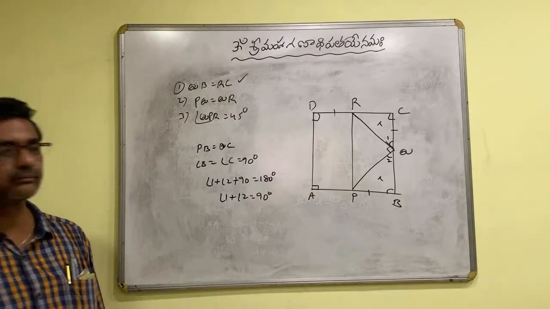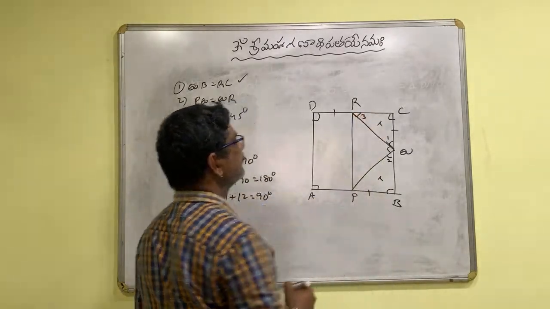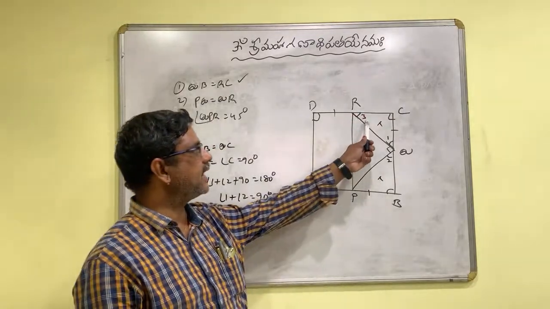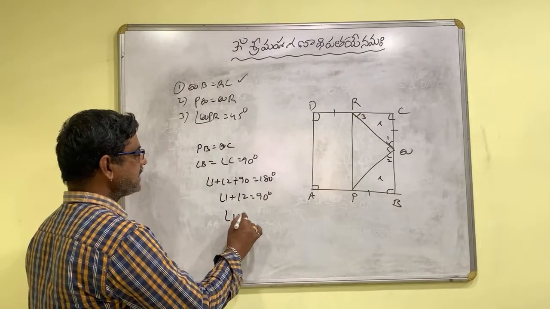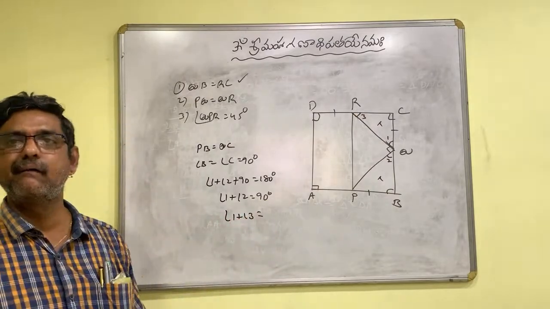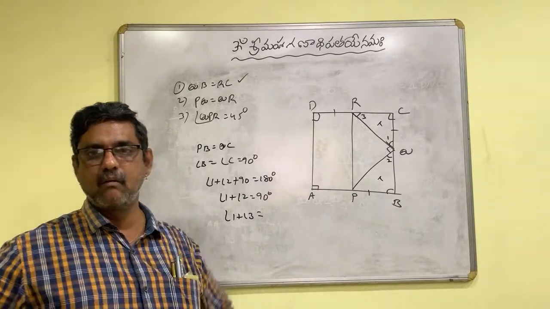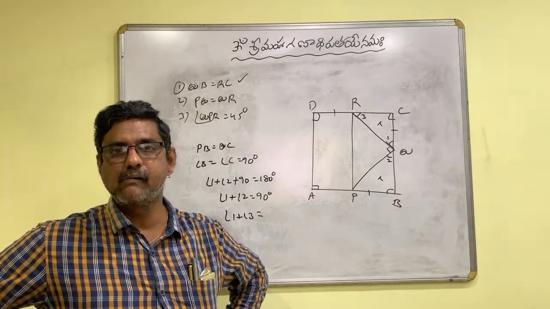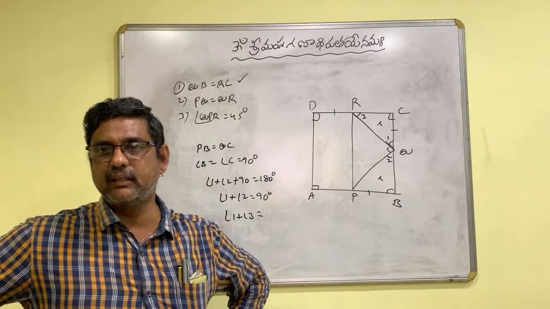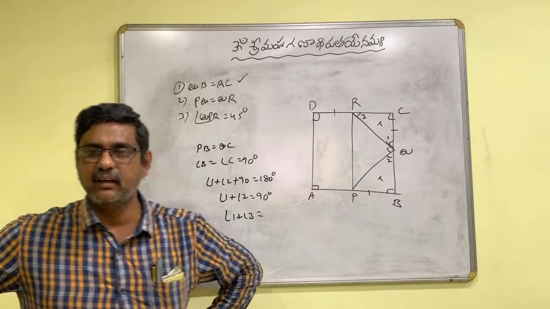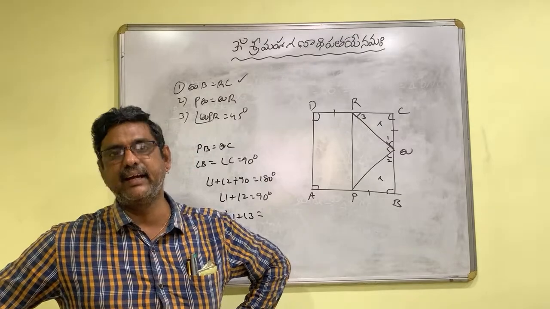Now children, I am naming this angle as 3. Can anyone say what is angle 1 plus angle 3? Yes, 90.